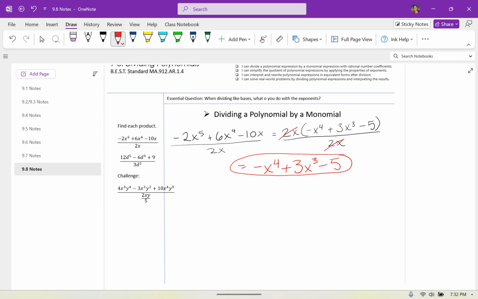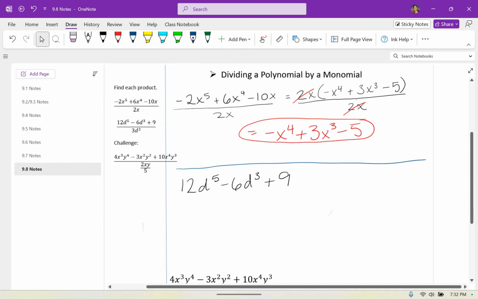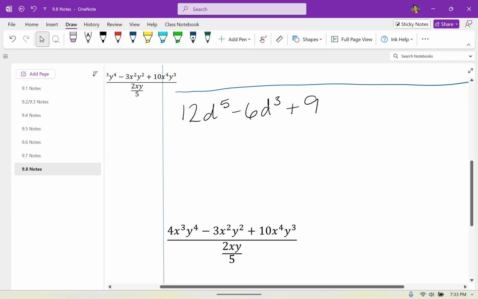Okay, so our next problem, I'll go ahead and draw a line. Our next problem says 12d to the fifth minus 6d cubed plus 9. All right, and we want to factor out the greatest common factor of all of this. And so the greatest common factor is just a 3, right? 3 goes into 12, 6, and 9.